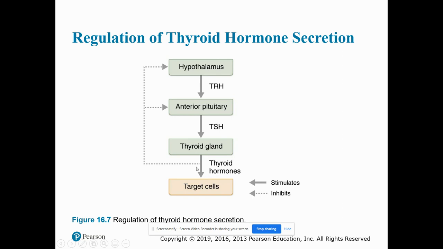And we have controls at kind of every point here. So high levels of thyroid hormone are going to actually inhibit further release of TRH and TSH.